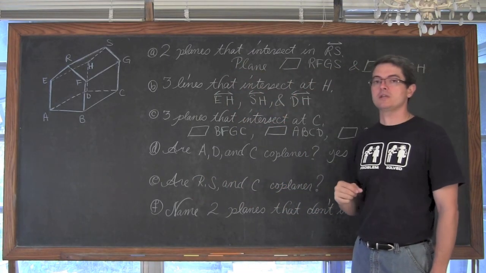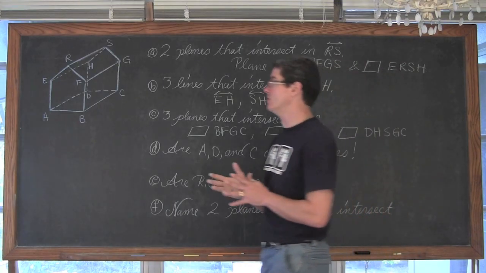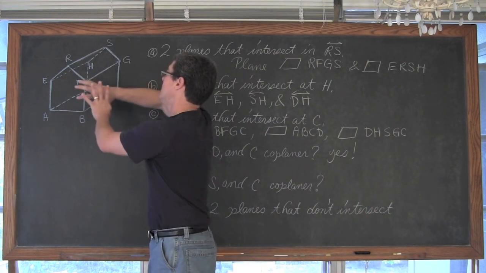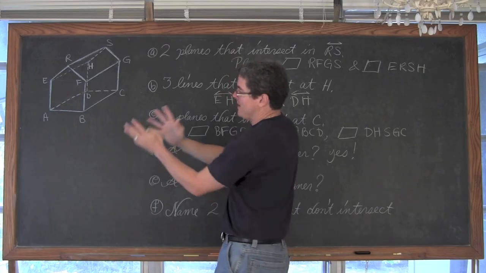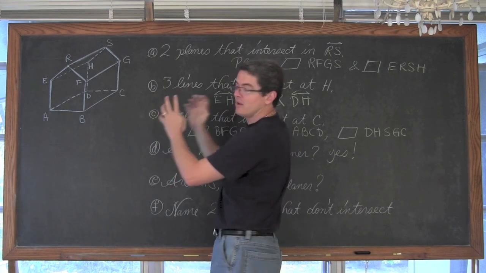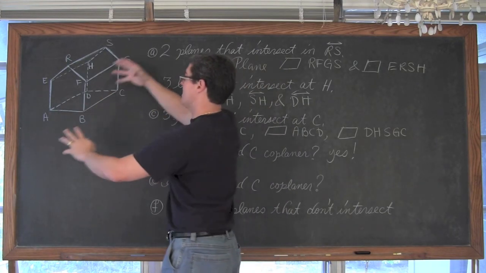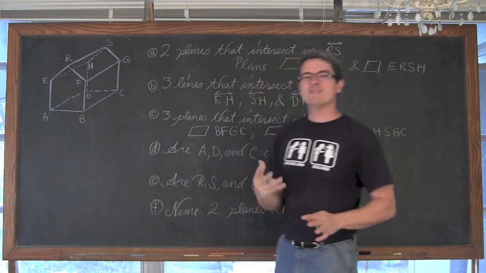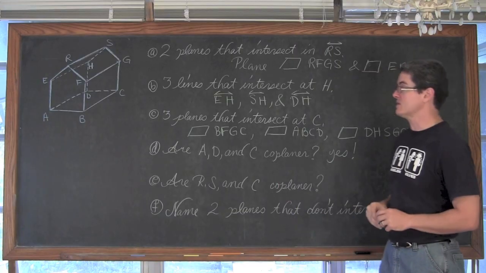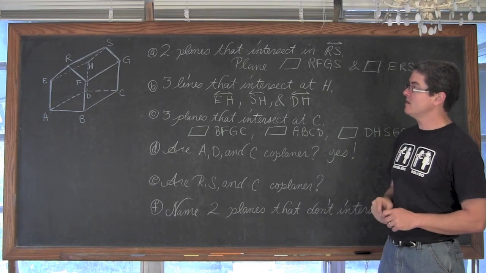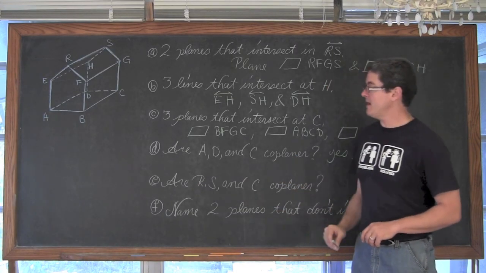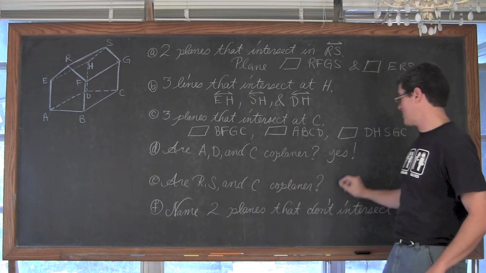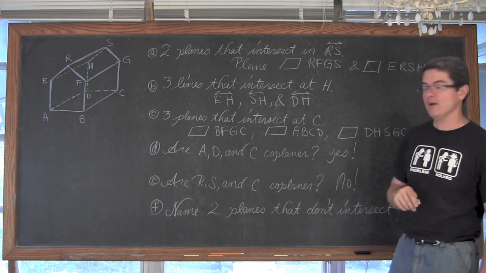Again, it is hard to see on a chalkboard, which is two-dimensional, but we're trying to show some depth with all the angles leaning back in this parallelogram diagram, and of course with all the dotted lines, emphasizing that this is a three-dimensional object. So R is in the front plane of the house, S and C are in the back, so the answer is no, they are not.